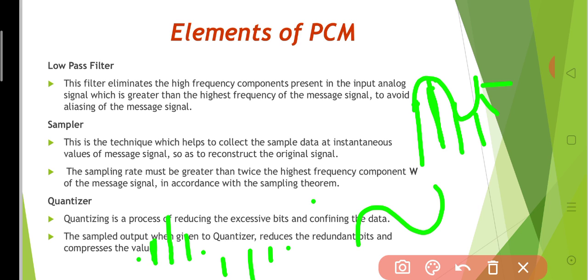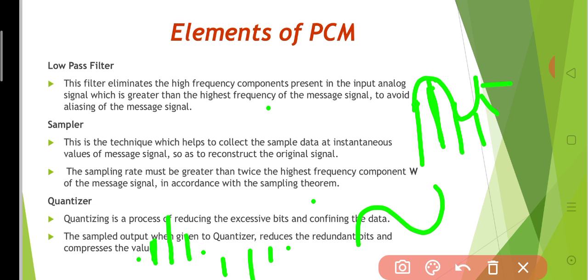That time interval and that process we will discuss clearly in the next classes: what is sampling, what are the types of sampling, and what exactly happens in the sampling technique. Don't worry.